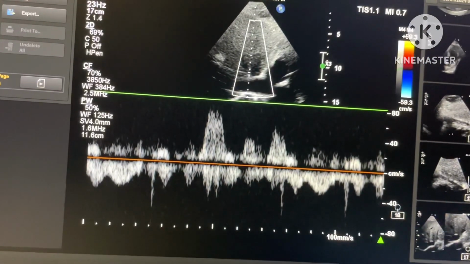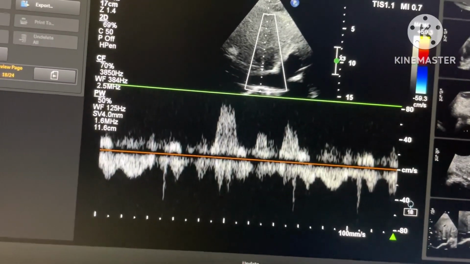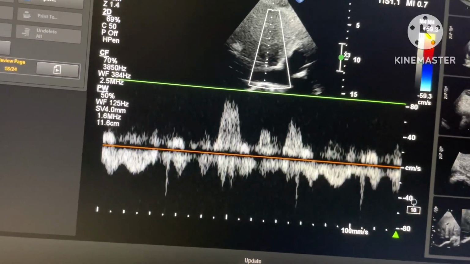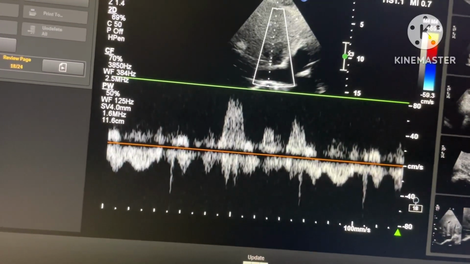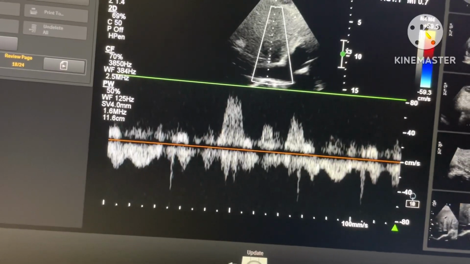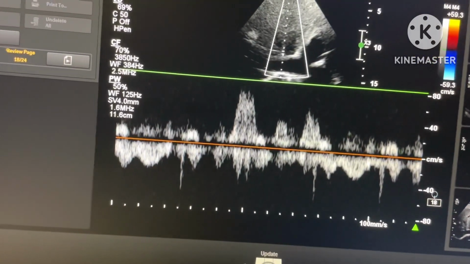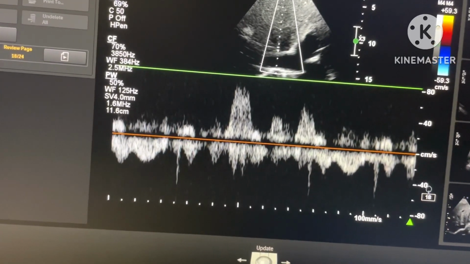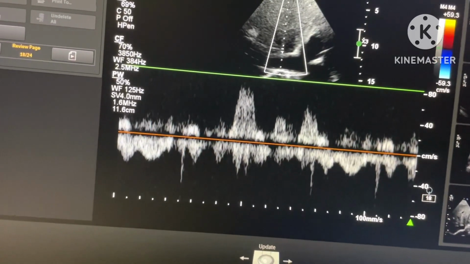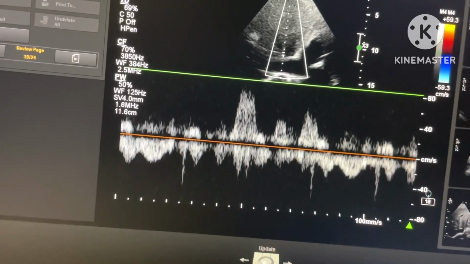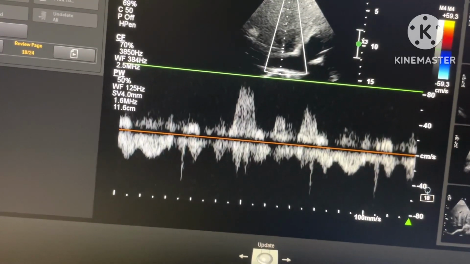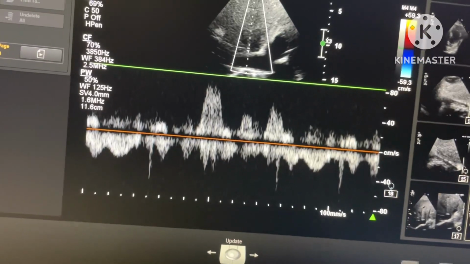So diastolic flow reversal is more at the beginning of expiration. Expiratory diastolic flow reversal in the hepatic vein is in favor of constrictive pericarditis, but inspiratory diastolic flow reversal is in favor of restrictive cardiomyopathy. So that is the point to know.